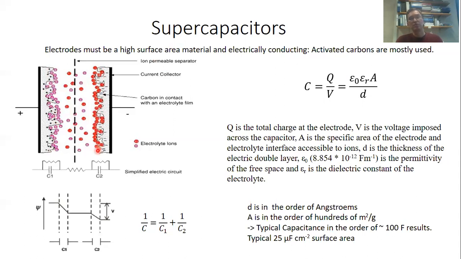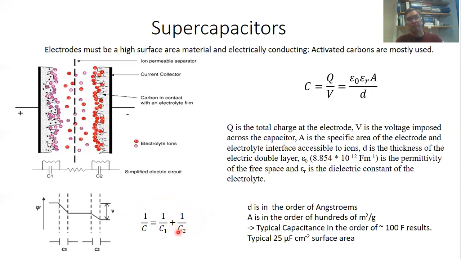So that means that the overall capacitance is 1 over the capacitance at the positive electrode plus 1 over the capacitance of the negative electrode. That gives 1 over the capacitance of the overall capacitor. Okay, so we have two capacitors in series, so the two electrodes add up accordingly.